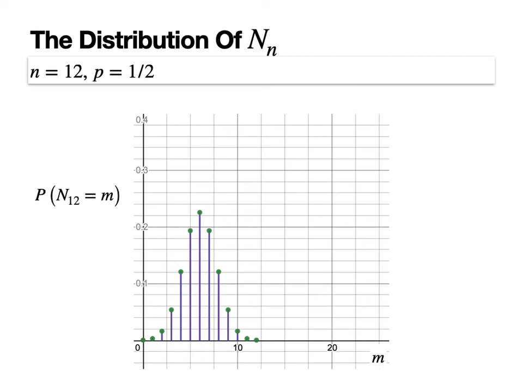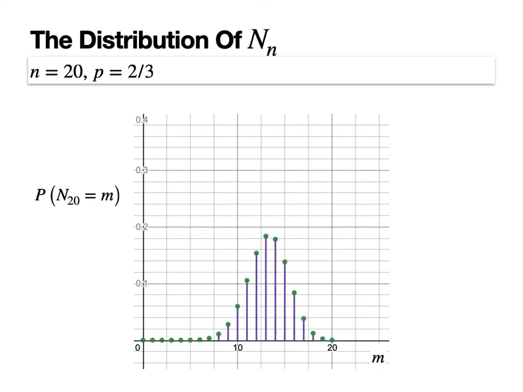And so you see now the distribution is shifted a little bit to the right. It's more symmetric because p is 1/2. And you can see that, for instance, the most likely value of the number of successes would be 5, right? And the probability of that would be a little bit over 0.22.